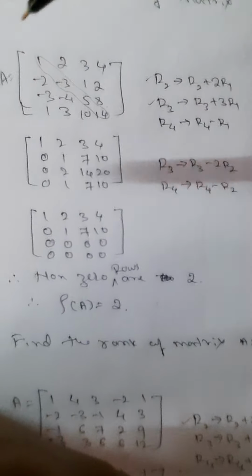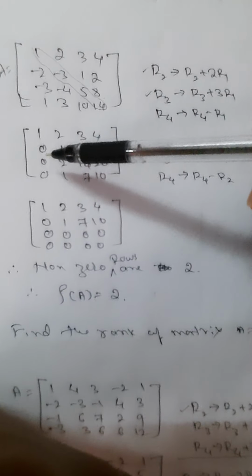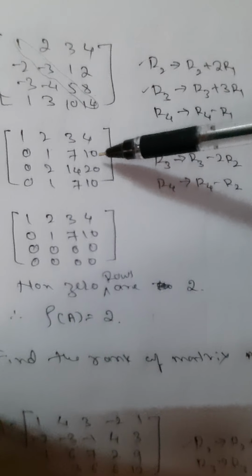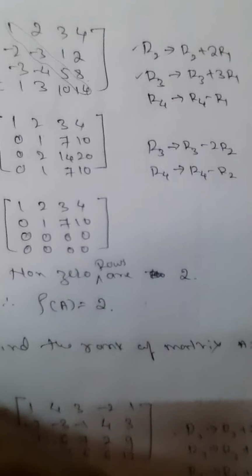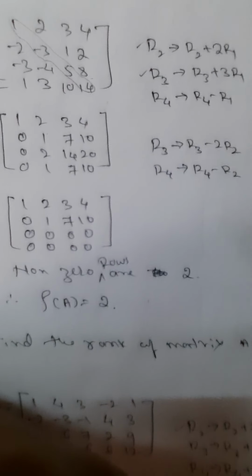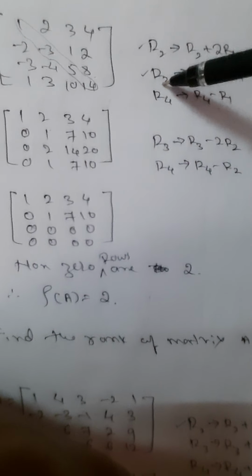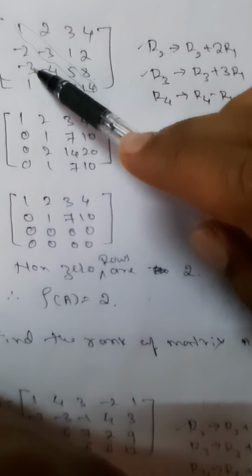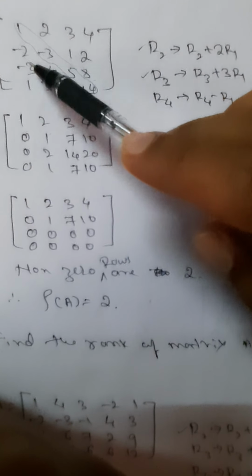Then in the second row we are getting the elements 0, 1, 7 and 10. After that we are using the R3 row operation, in which minus 3 we are making 0. Minus 3 is in the third row.